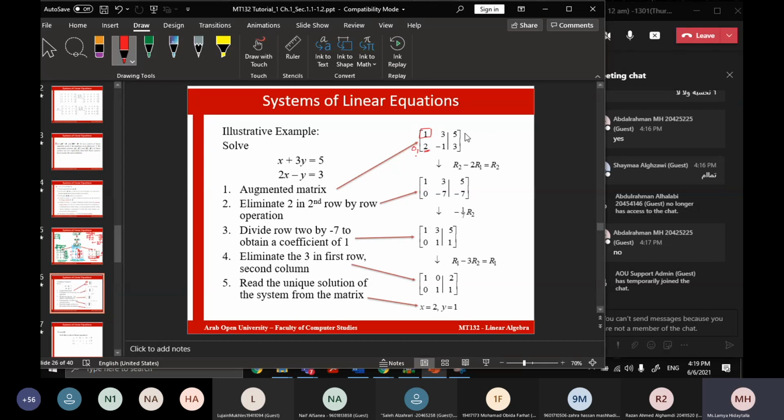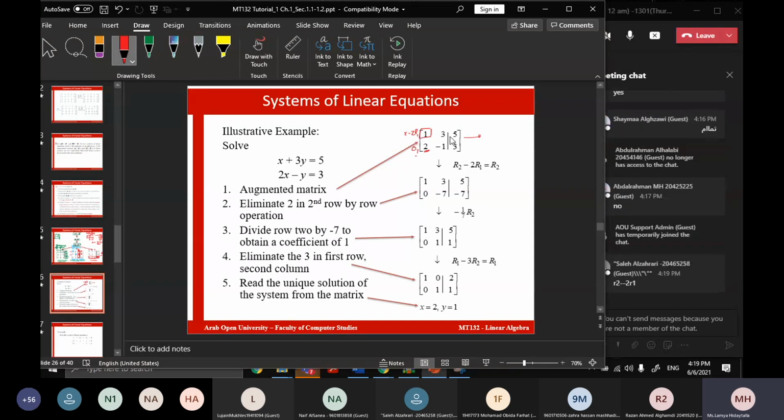So the new R2 is equal to what? How do we change it? We multiply the first row by -2 and then add. So we have R2 minus 2 R1.